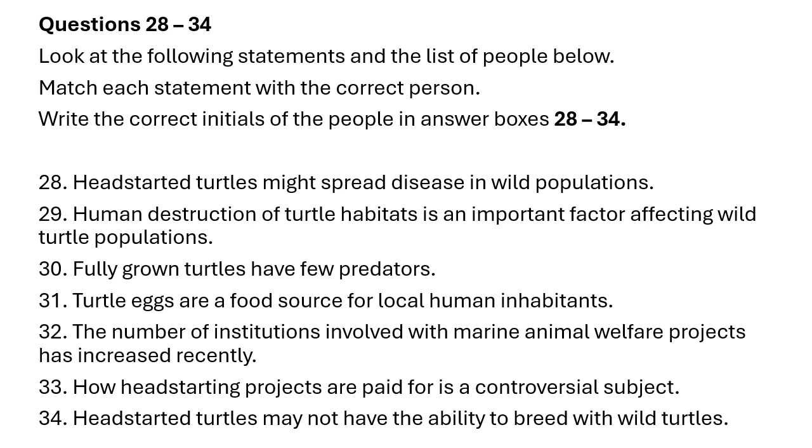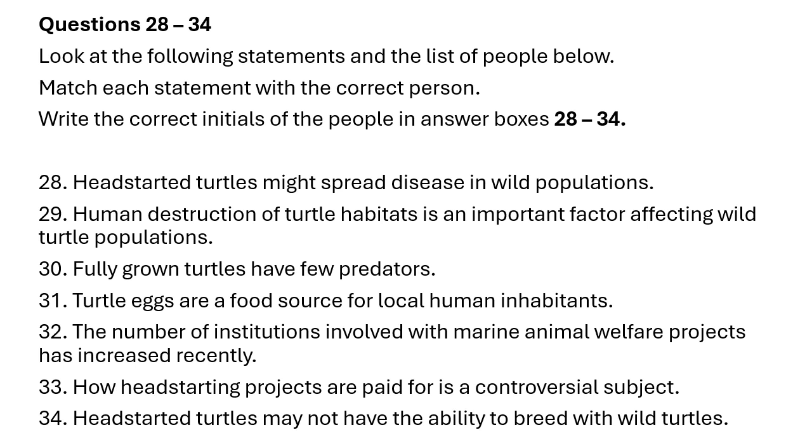We read each of them to find the one that matches James Williamson's statement. Number 28 says, head-started turtles might spread disease in wild populations. Well, head-started turtles spreading disease was not mentioned in Williamson's statement. Number 29 says, human destruction of turtle habitats is an important factor affecting wild turtle populations.